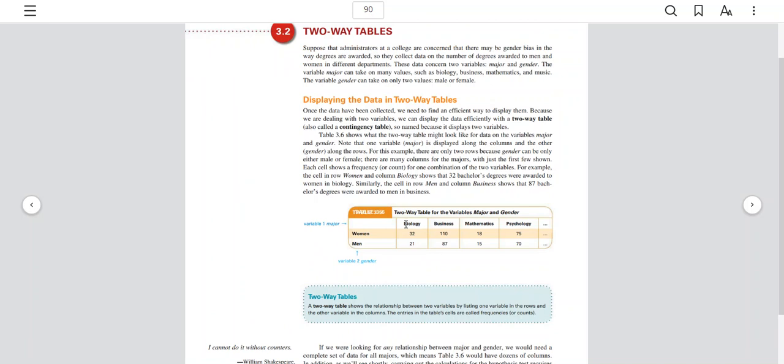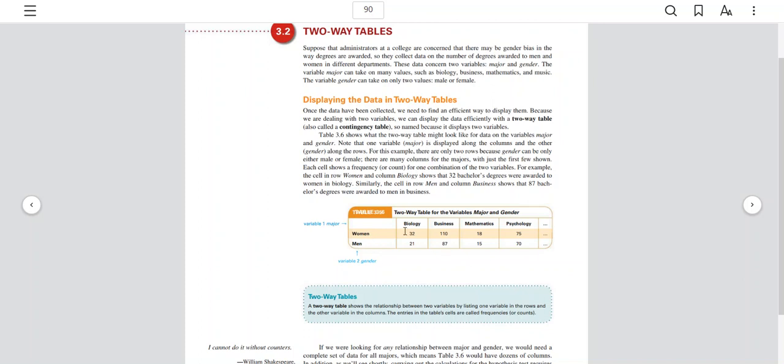So we have students taking biology, business, math, and psychology, and we could break that down into just those majors. But we also could break it down further into gender, and that's what they're showing here. Variable two is gender. So we have women and men.